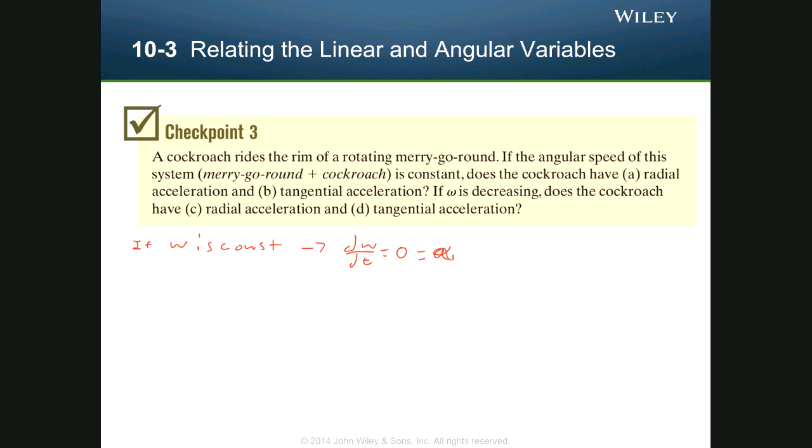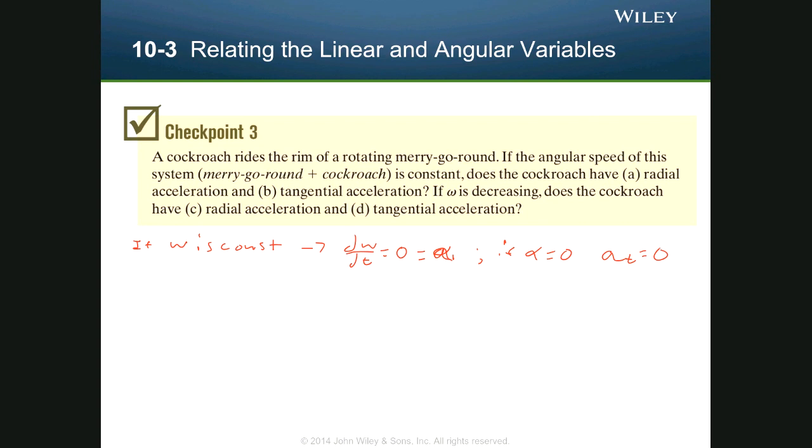So if alpha equals 0, a_tangential equals 0. And then we're in uniform circular motion, right? But we're only looking at A and B. So far we still have to do C and D.